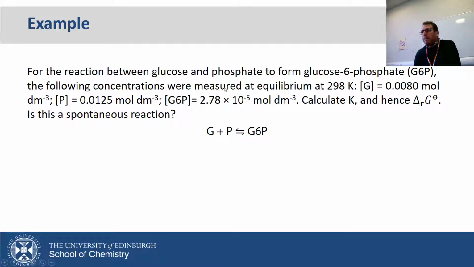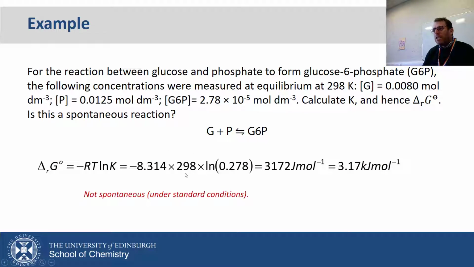We can see here at particular conditions in a cell, for example, glucose plus phosphate gives glucose 6-phosphate. We can easily work out the relationship between the equilibrium constant K and hence delta G. K will be the concentration of products, glucose 6-phosphate, divided by the concentration of reactants.